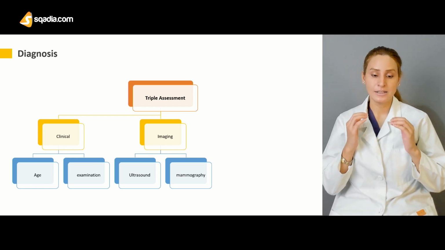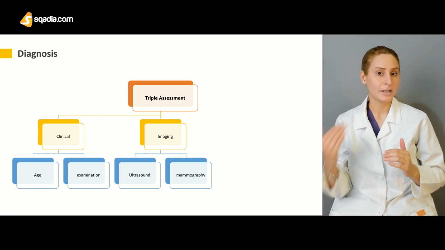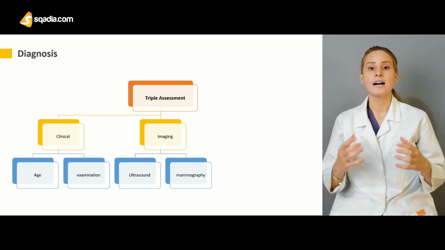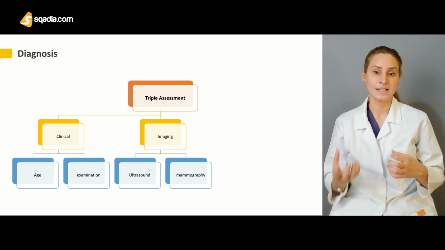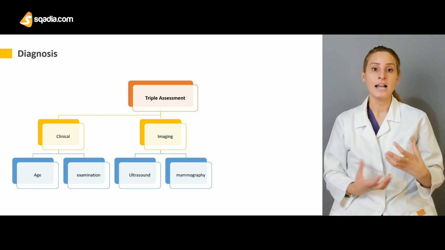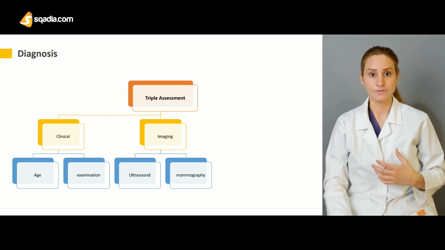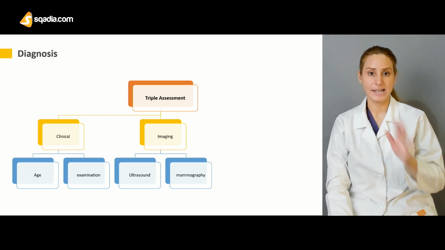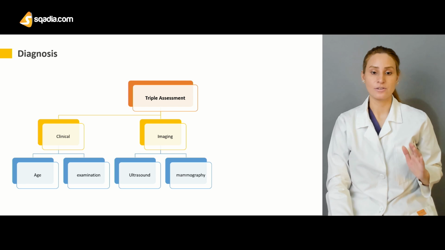Because in a postmenopausal woman around the age of 40 years, the density is changed. So because of the change in the density, the lesions cannot be picked up by the ultrasound. So you have to go for mammography. Remember, age less than 40, go for ultrasonography. Age greater than 40, go for mammography.